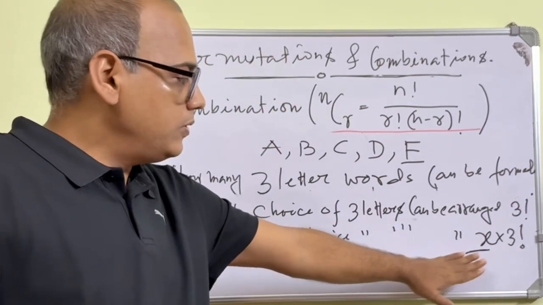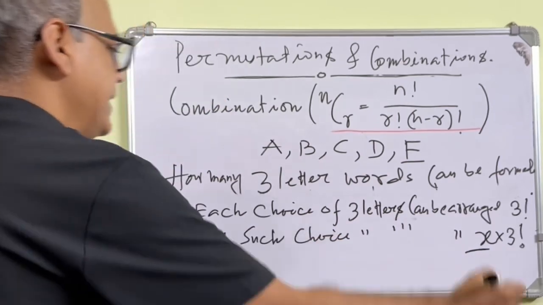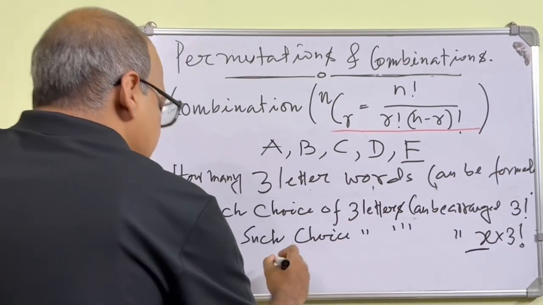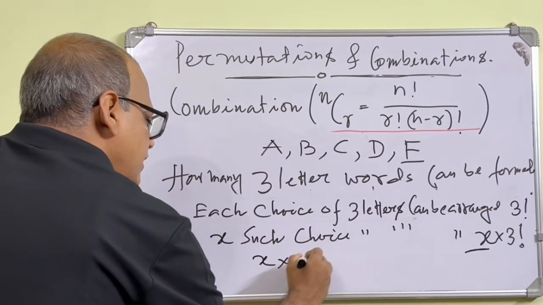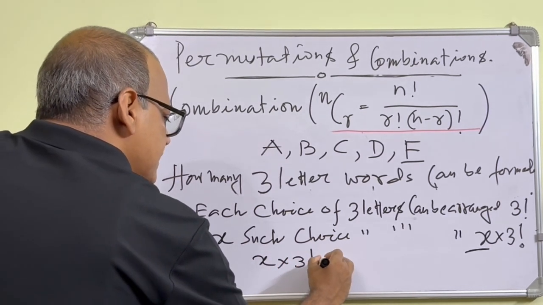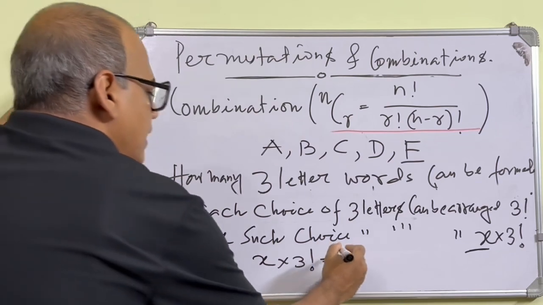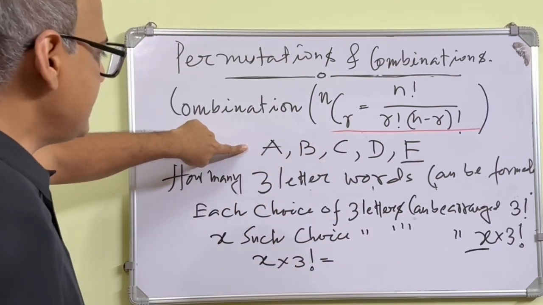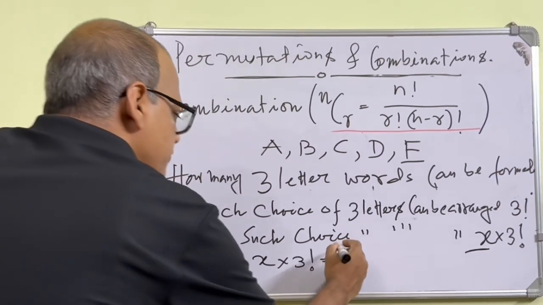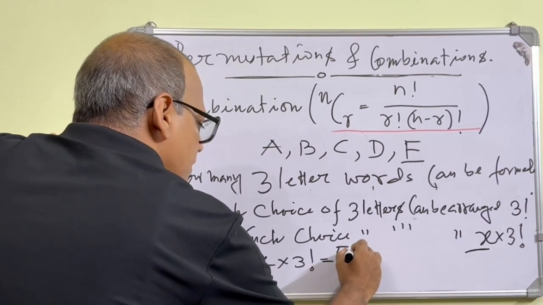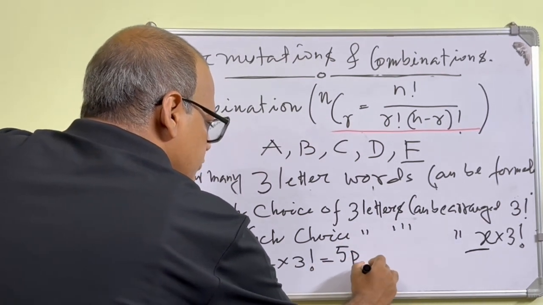And what do you know? Choice times arrangement is nothing but permutation. So X times 3 factorial is nothing but, as the problem is, I need to form a 3-letter word from A, B, C, D, E. So it is 5 P 3.